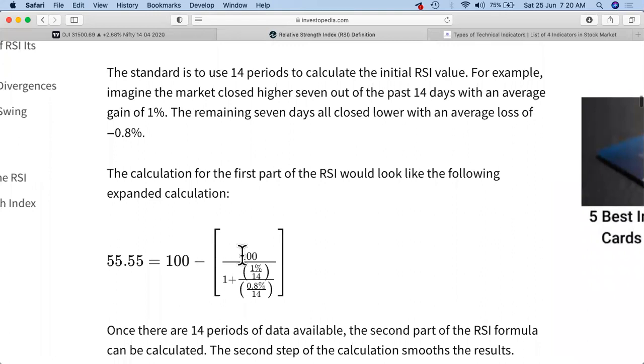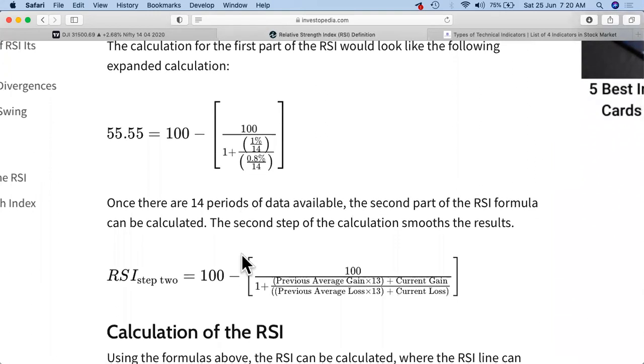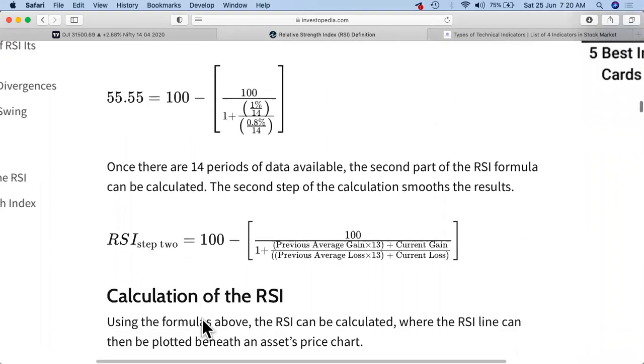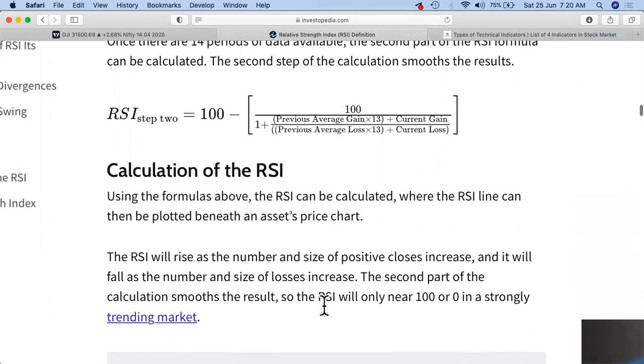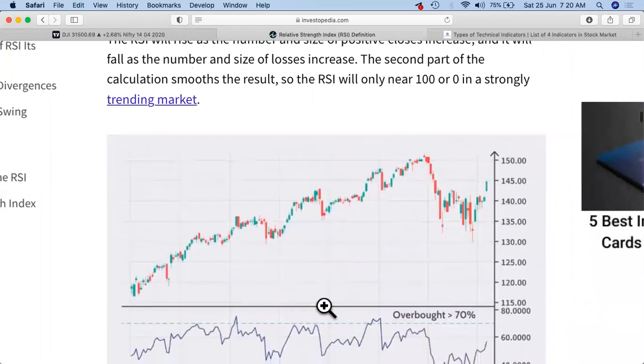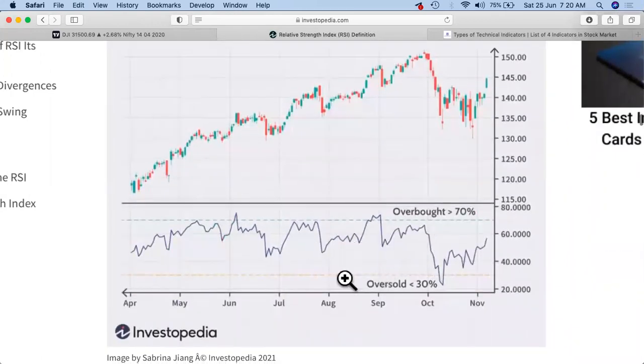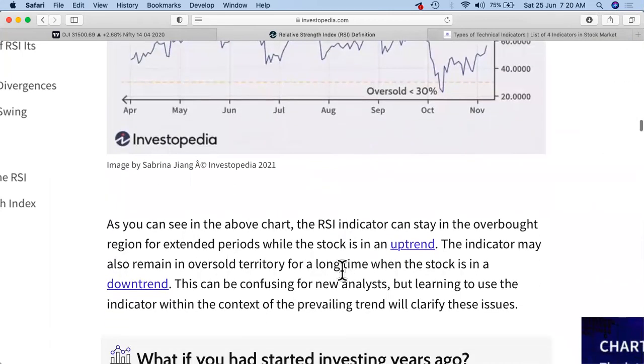So that's how it is. There's also an example given, right? But rather than the technicalities of how exactly RSI is calculated, it's more important for us to use the RSI, right? So here all the things will be given: overbought, oversold zone, how it is to be used, right?